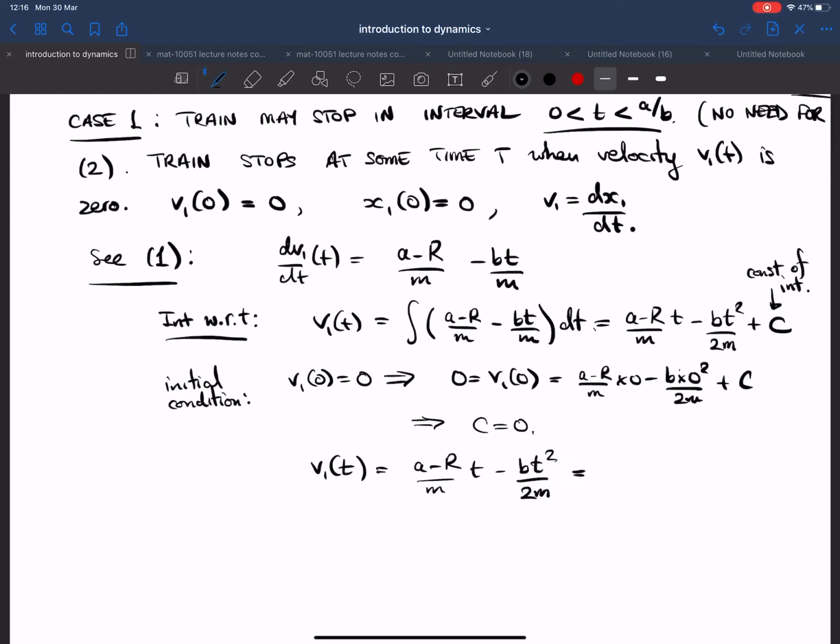Notice that this is a quadratic in time, so I can write it like this.